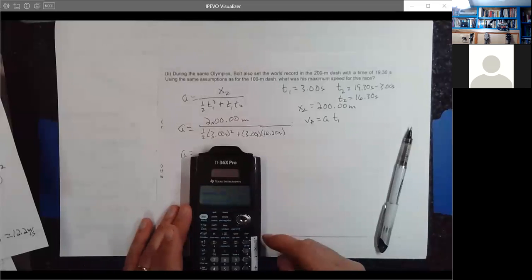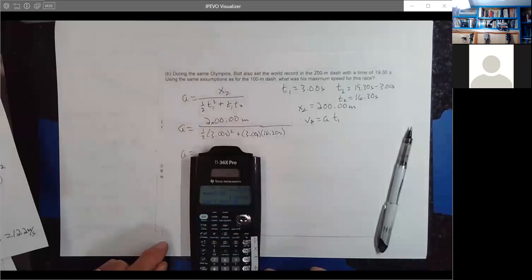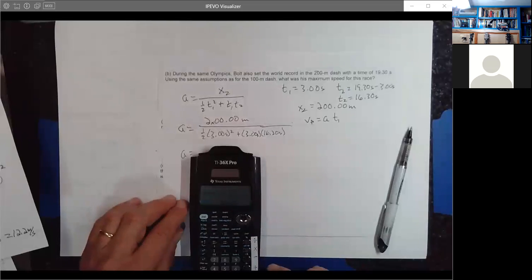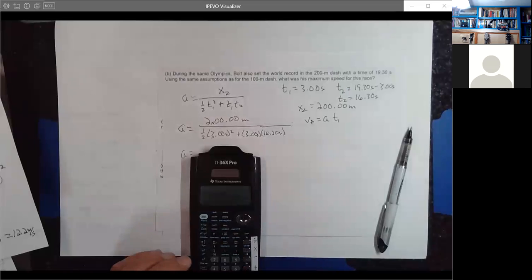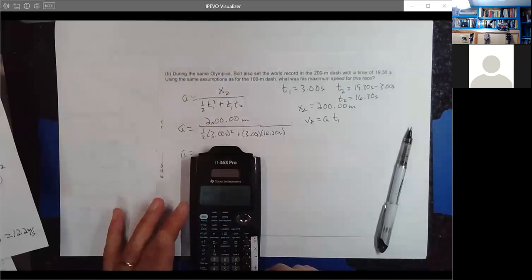My one gripe about these calculators is these silver buttons. It's hard to see in light, and depending on how it reflects, you can't read what's on them. So I put this white sticker over here to help me out.